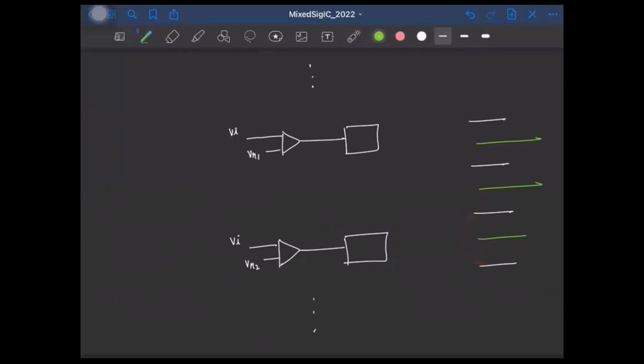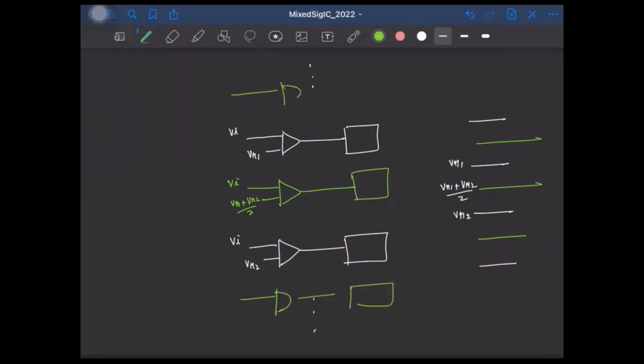If I call these levels VR1 and VR2, this will be VR1 plus VR2 by 2. So in principle, between any 2 preamp and latch, we need one more preamp and latch. This will again be Vi, and this reference will be VR1 plus VR2 by 2, and this needs to be given to the latch. Similarly, we need one here also, and one above also.